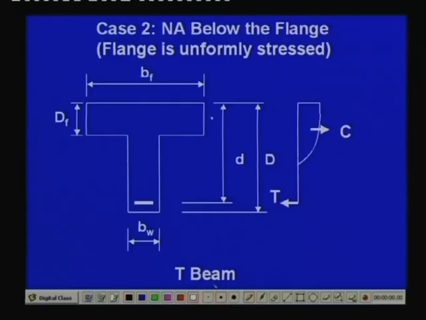When we are considering the flange is uniformly stressed, in that case I can take this web as one part and the other part I can take as only the flange. That means the rectangular portion, the web only, and the flange, that I have taken.